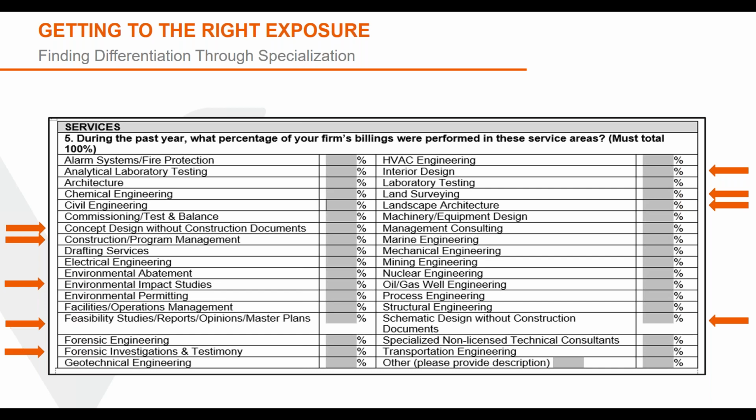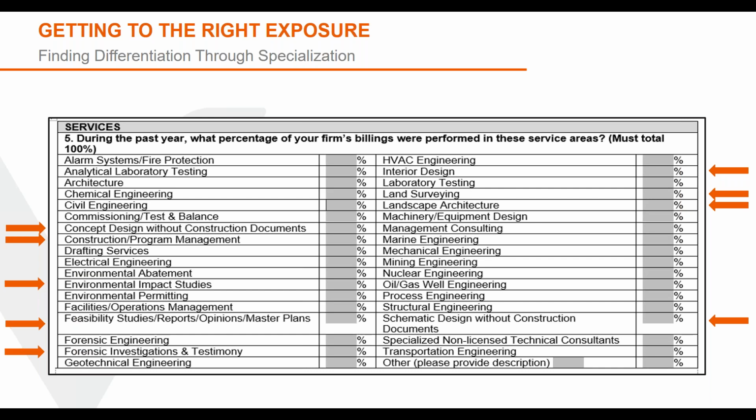So just to make sure that everybody has an understanding of what these terms are, I can go through the highlighted ones really quickly. Concept design would be like a model or a computer rendering tied to an architectural firm or a civil firm doing mechanical design, things like that.